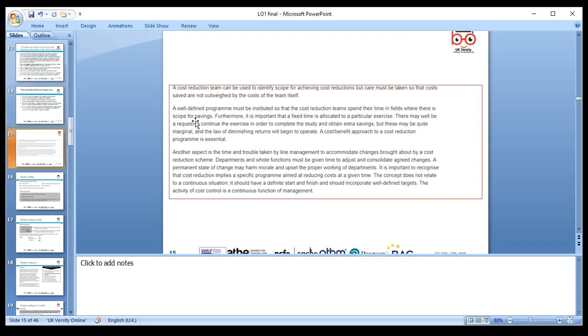To reduce cost, we need a team to identify the scope for achieving cost reduction wherever we have it. If you are a manager and you are late, you can't expect your workers to work. If you don't have manager skills, how can you get the work from the workers? If you don't understand the culture of the country we are in, think about a manager sitting with the workers, offering them tea and drinking tea with them, their motivation level will increase.